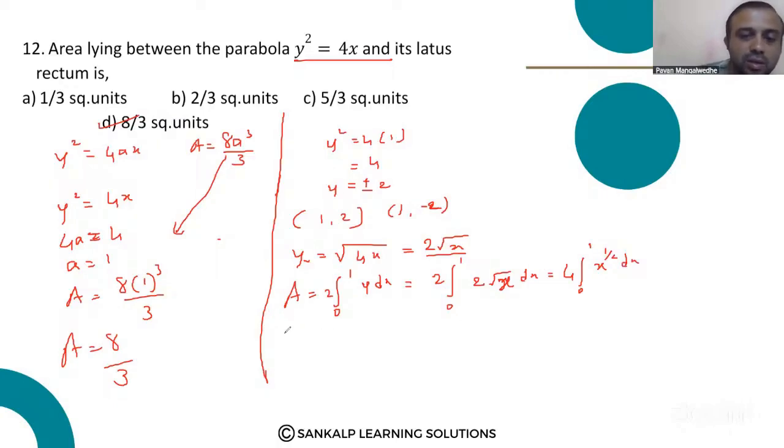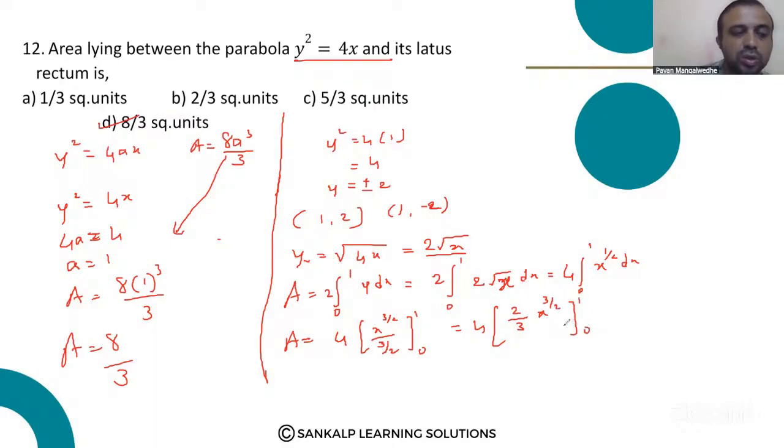Then area A is equal to 4 into x raised to 3 by 2 divided by 3 by 2, from 0 to 1. I hope you know this, it is 4 into 2 by 3 x raised to 3 by 2, from 0 to 1.